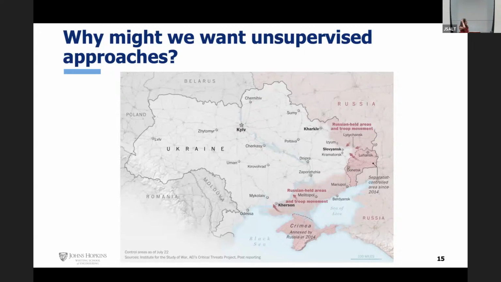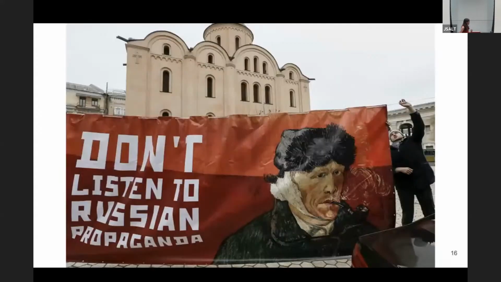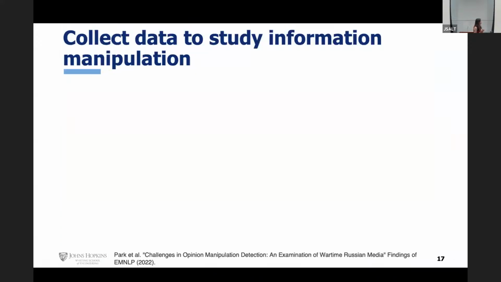Okay, so why might we want unsupervised approaches? As I'm sure everyone knows, there's an ongoing military conflict between Russia and Ukraine that started a couple of years ago. Alongside the actual warfare, there's been a lot of use of propaganda and attempts by both sides to control the narrative of the war, or more generally, manipulate information.